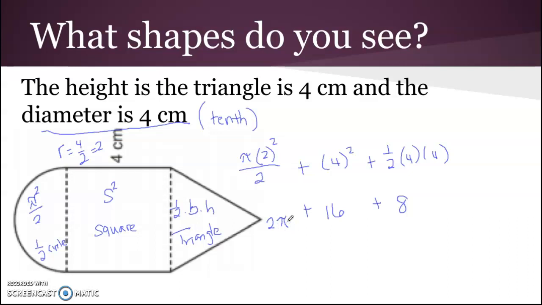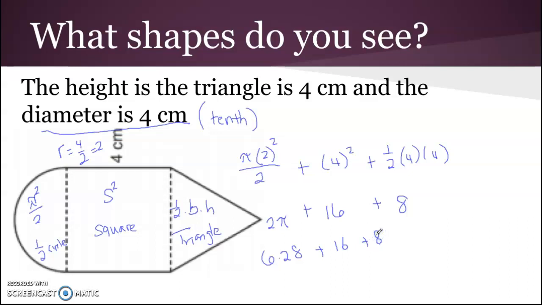So now that we want this in decimal form, we can go ahead and plug this in the calculator. So 2 pi, remember, enter the pi sign, don't enter 3.14, which we know pi is. So this is actually 6.28 plus 16 plus 8.